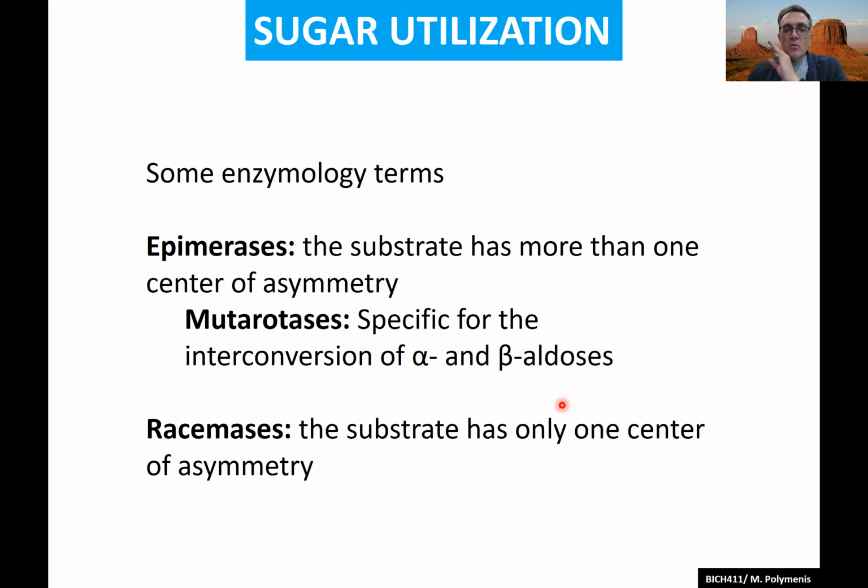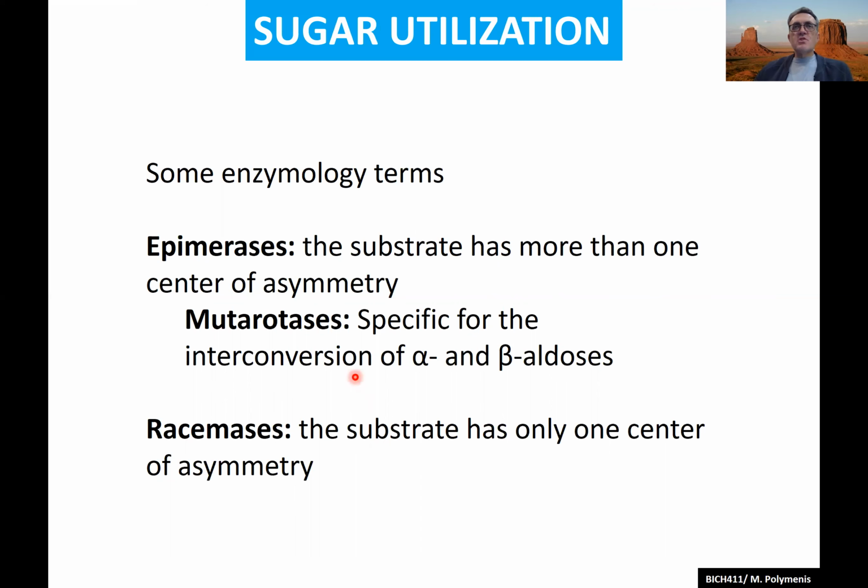So just so we get everything straight, all these things you see here, they're all epimerases. Epimerases work, however, when you have more than one center of asymmetry, so they change the configuration of one carbon. Racemases do the same thing. They change the configuration of one carbon, but the substrate has only one center of asymmetry, right?